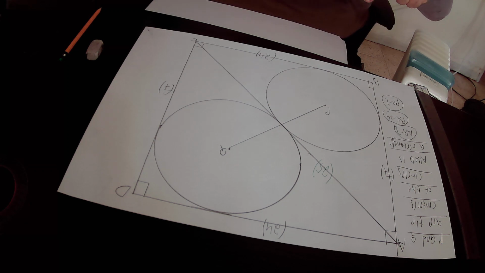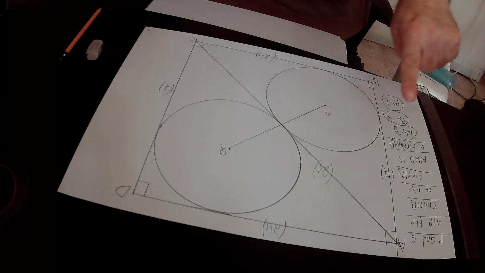Repeat again, we'll use the new formula in order to find the radius of this circle that is blocked by the right triangle ABC.